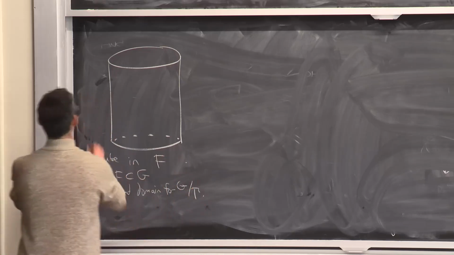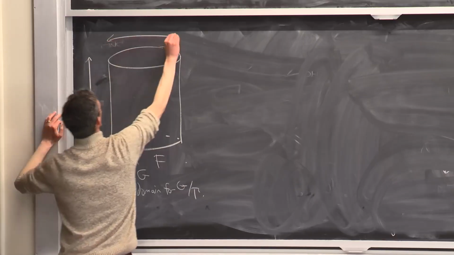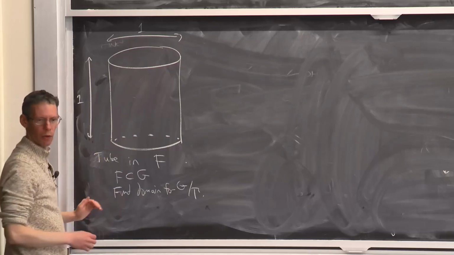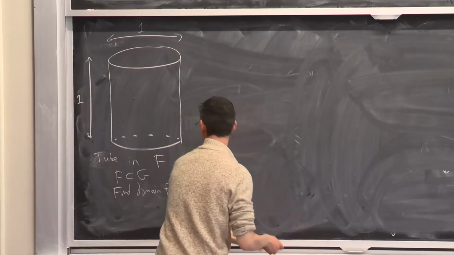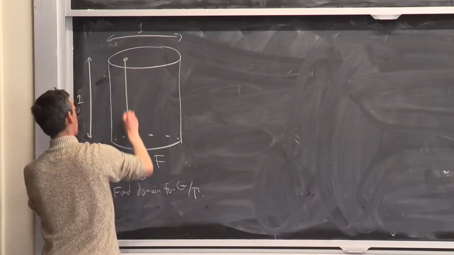OK. And so this length scale is 1, and this length scale is also 1, or we could also make it smaller if we'd like to have a thinner tube. All right. And now inside of this tube are a bunch of pieces of unipotent orbit that I'll draw like this.